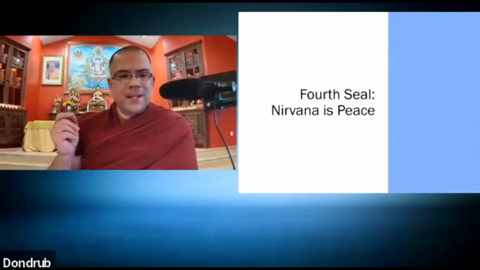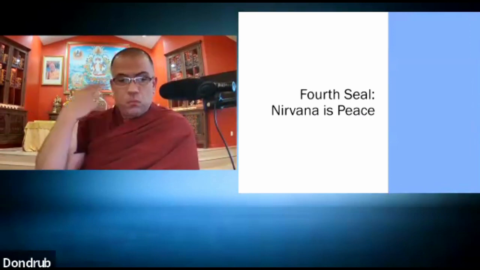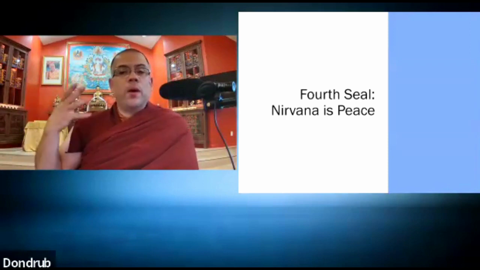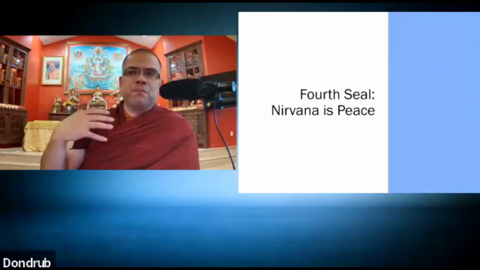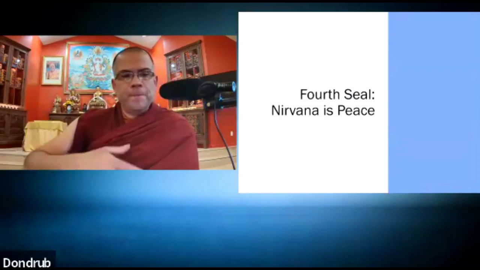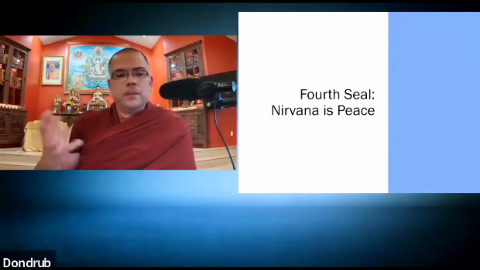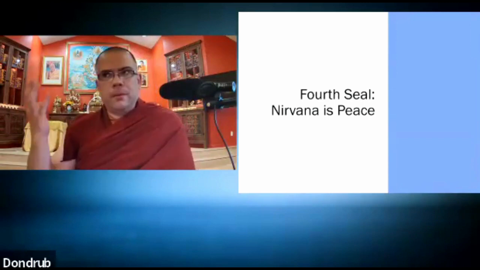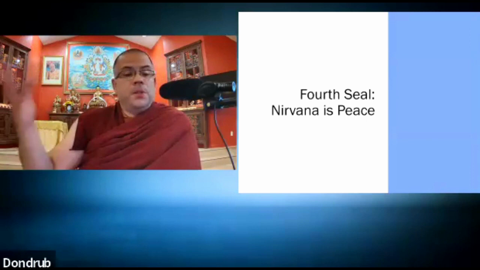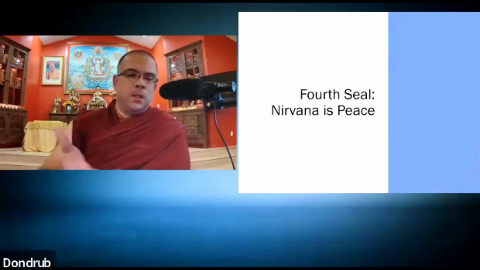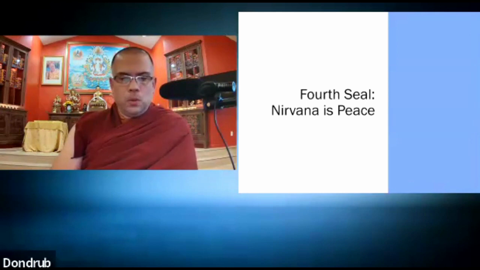Okay, so those are the four seals, these four ways of learning how to recognize whether someone is discussing a Buddhist idea or not. If someone says that things are permanent and unchanging, or that there's some way of giving rise to perfect bliss and happiness with our body or our senses, those are contradictory ideas a person might espouse, and using the four seals we can judge whether something comports to the Buddhist view or not.